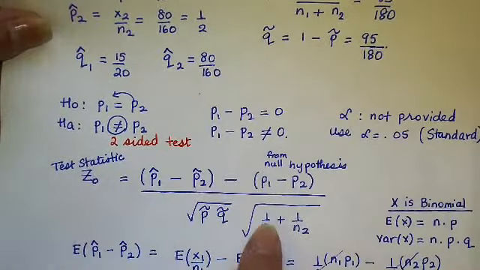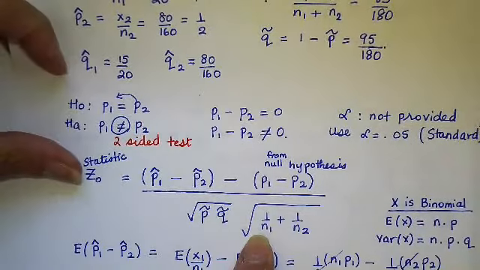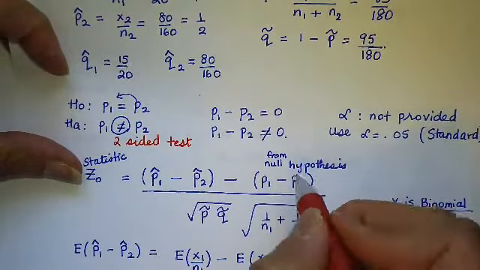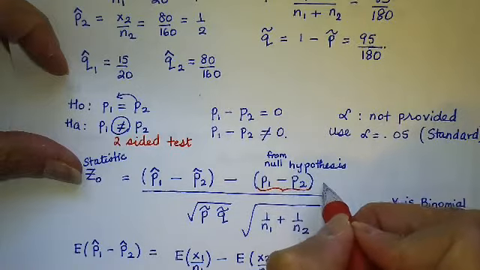And this expression is what you will find in the denominator of the z-test statistic. In the denominator of the z-test statistic, that's where this comes from.